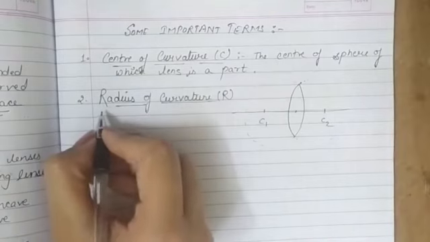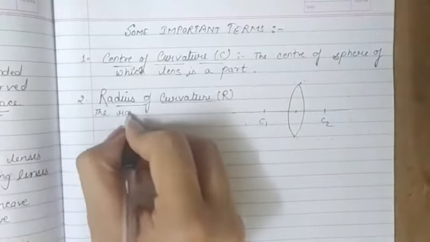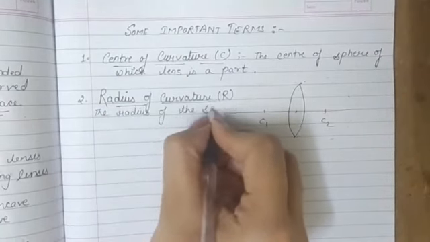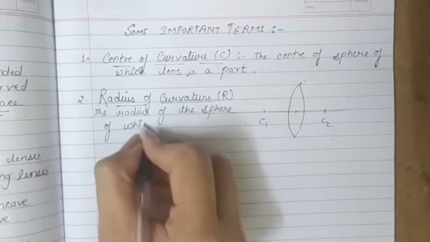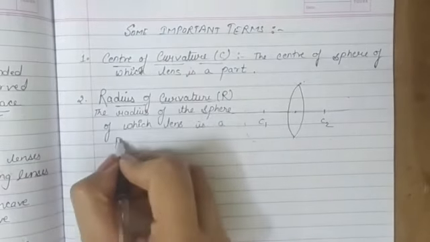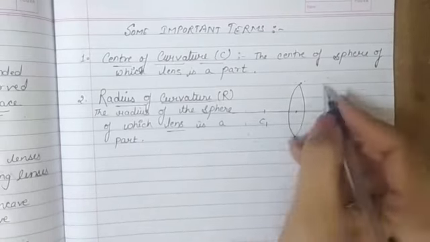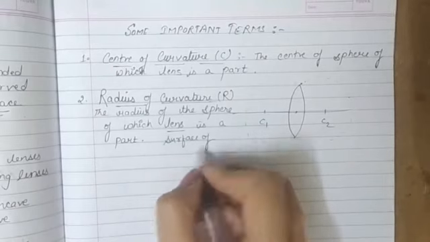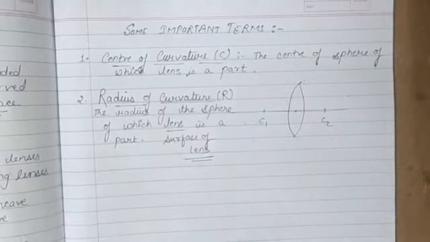Hence we can define radius of curvature as the radius of the sphere of which the lens is a part, or we can say that of which the surface of lens is a part. That will be better. Then that radius of a sphere is called radius of curvature.